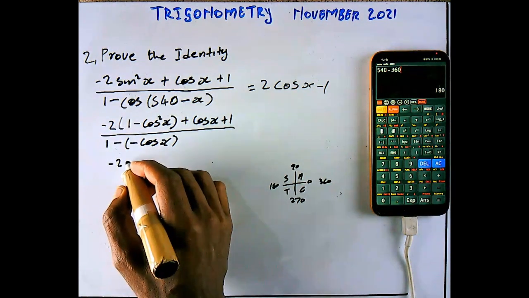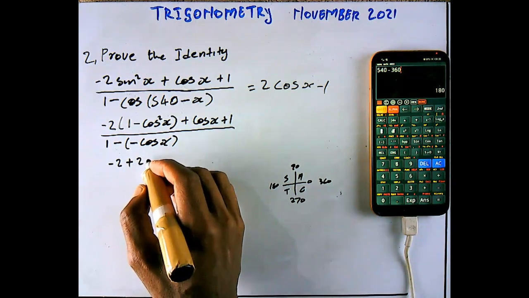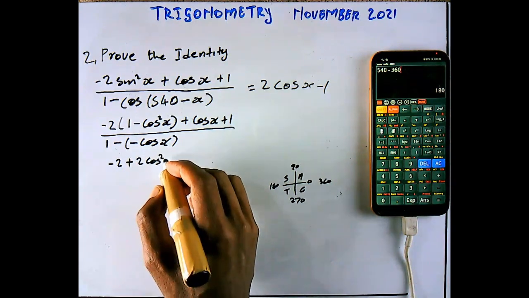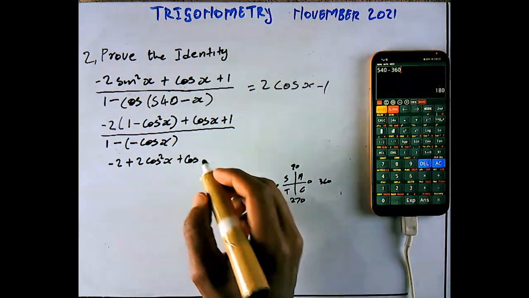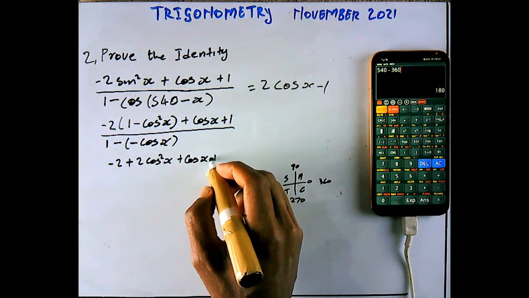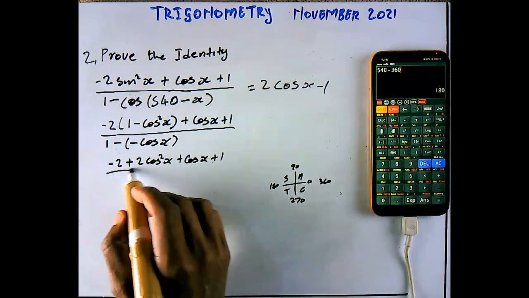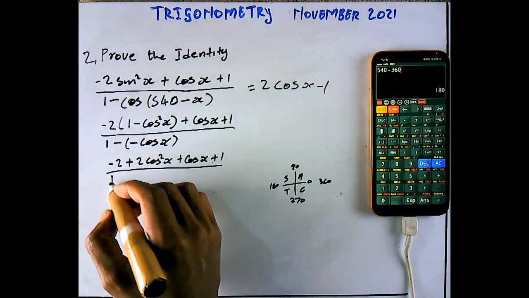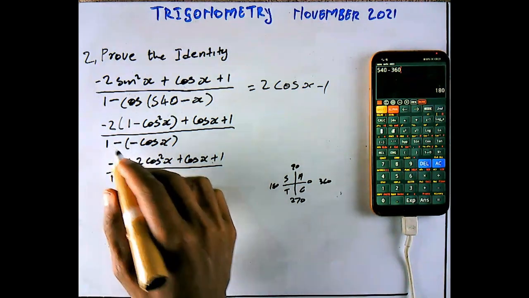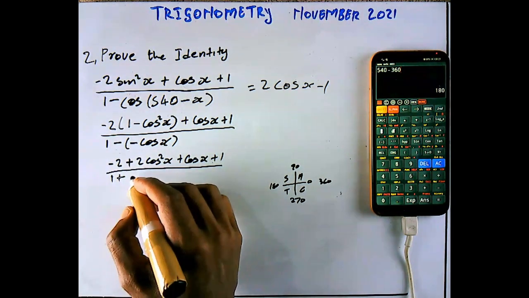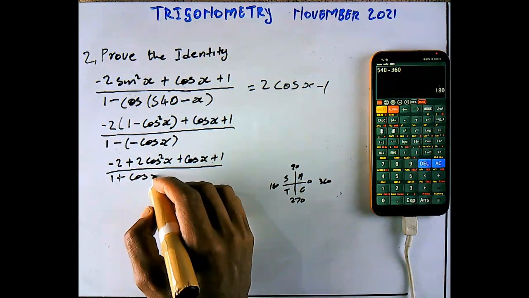Negative 2, we remove the brackets, plus 2 cos squared x plus cos x plus 1 over 1 plus negative times negative is positive cos x.